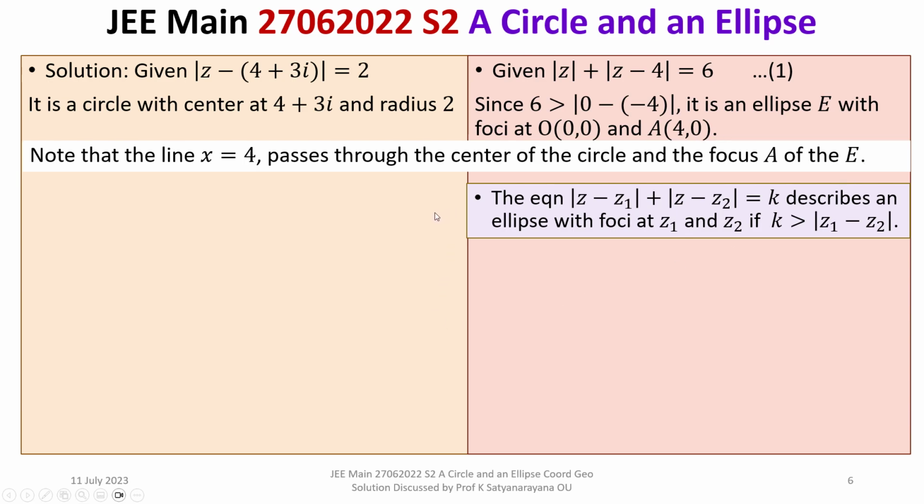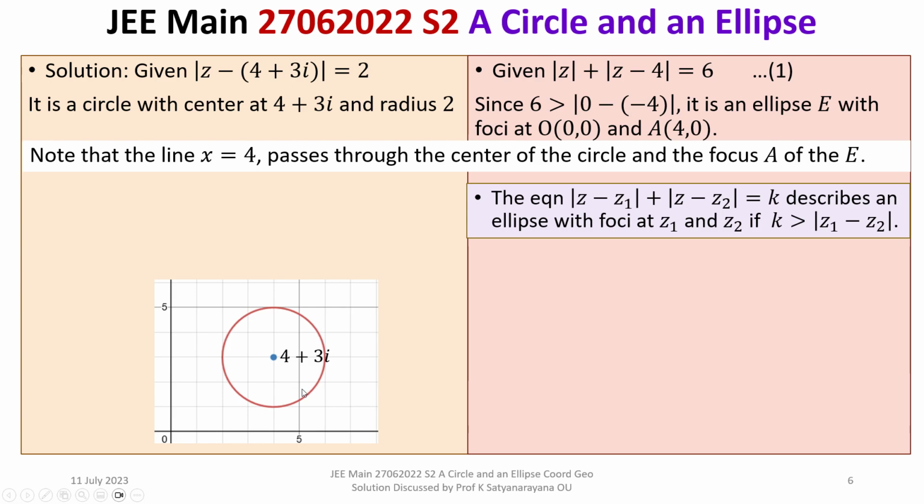So how will this ellipse look? I am not deriving the Cartesian equation; that it is an ellipse, I agree. So we have the circle with center 4 plus 3i.